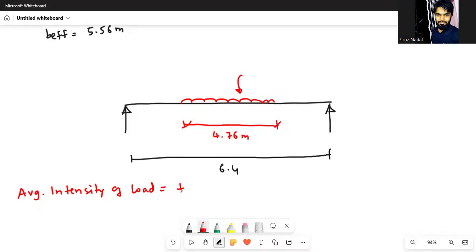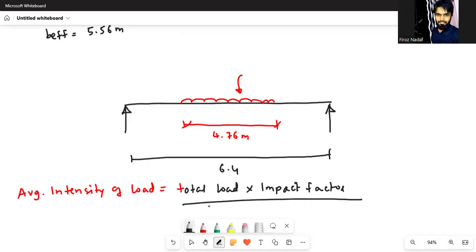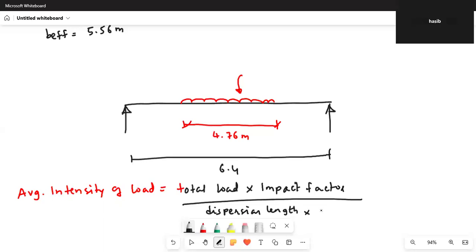Okay, so the average intensity of load, the formula is total load into impact factor, divided by dispersion length into dispersion width.